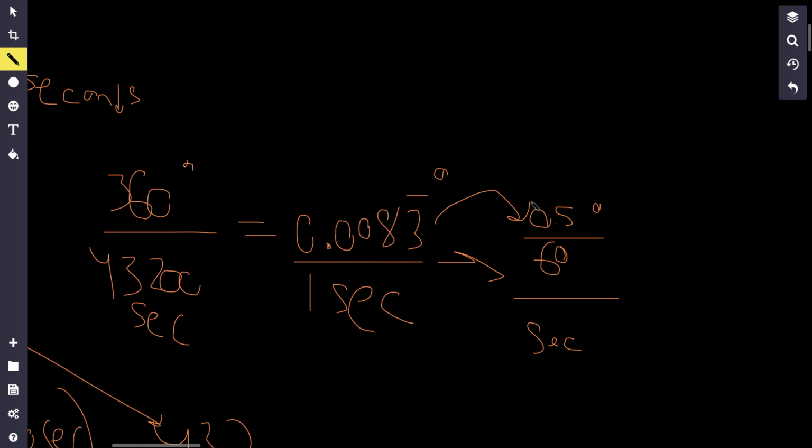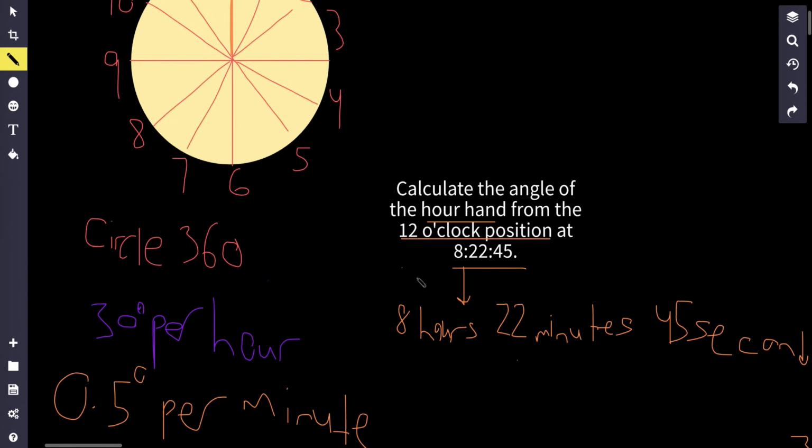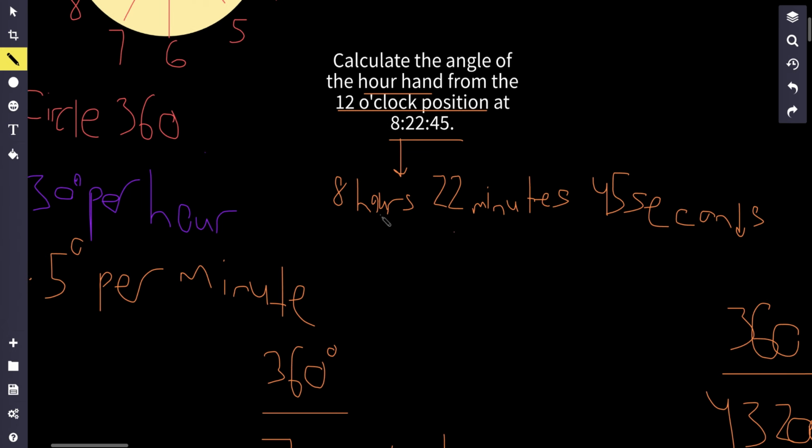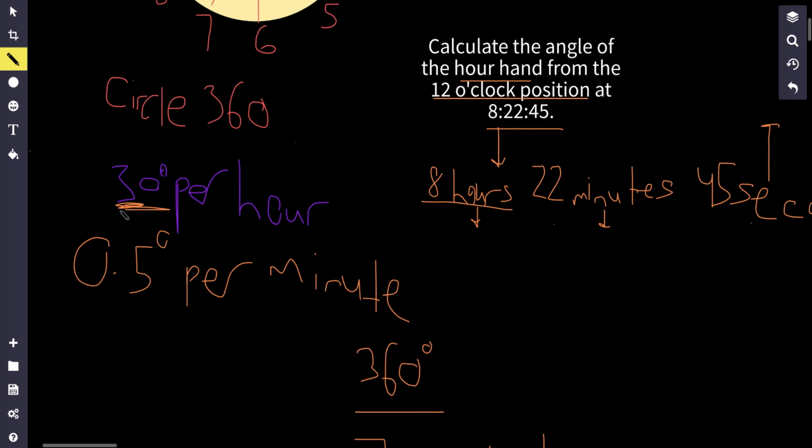All right, if you want to write it as a fraction, go ahead. Otherwise, yep, we're ready to solve the problem. Let's break this up into 3 parts: the hours part, the minutes part, and the seconds part. We know that 8 hours, at 30 degrees per hour, means 8 times 30 is going to give us 240 degrees.